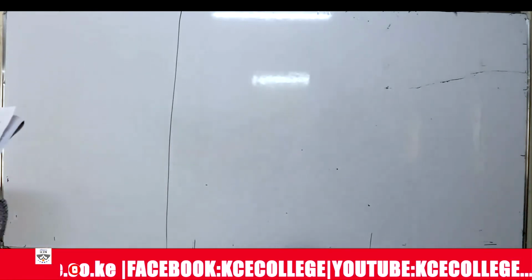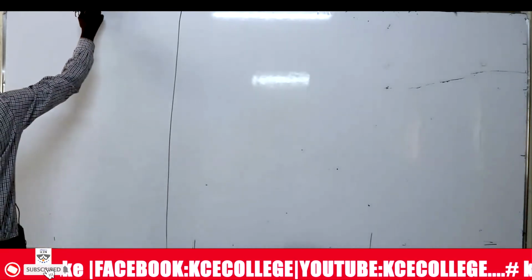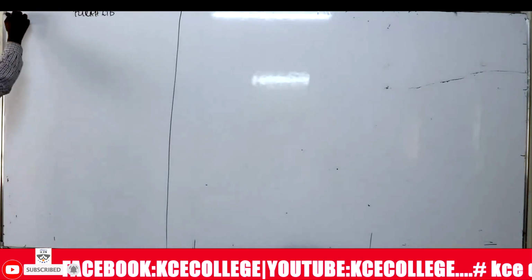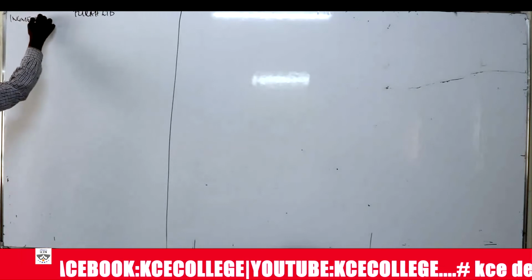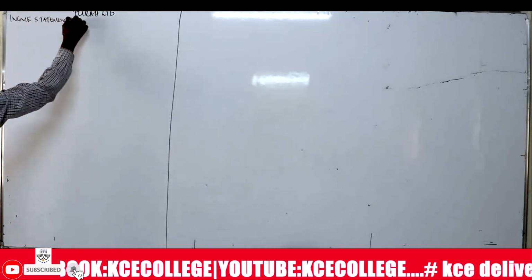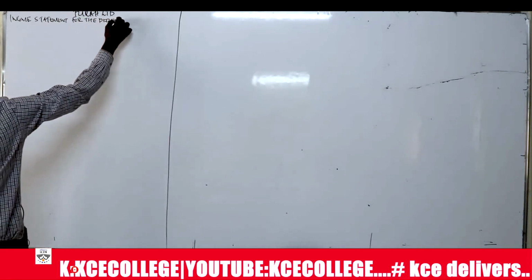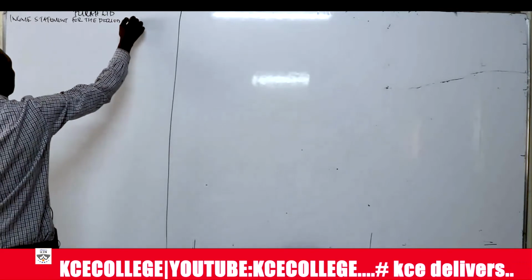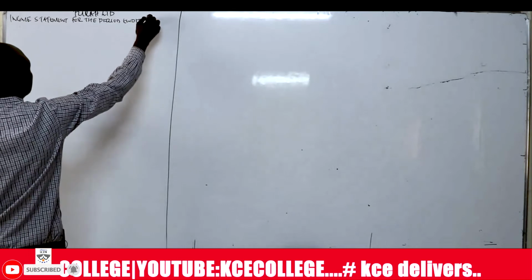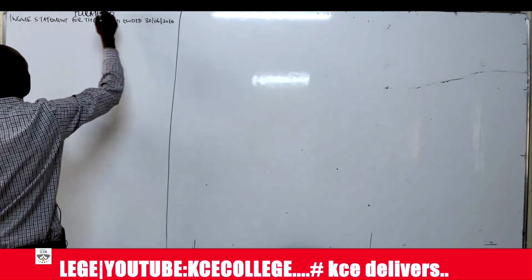So we're going to write the title, which is Raha Limited, income statement for the period ended. What is the ending period? 30th June 2016.